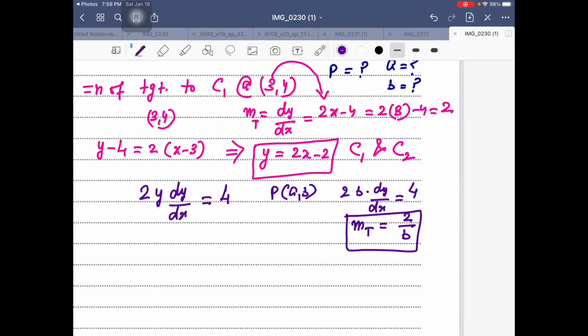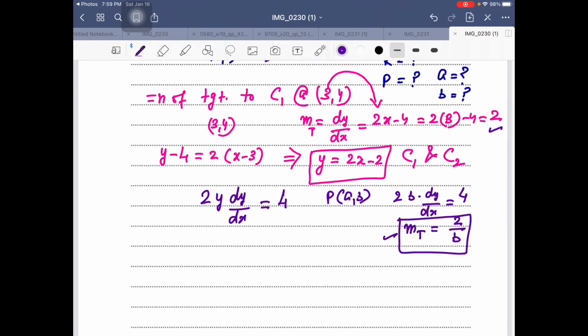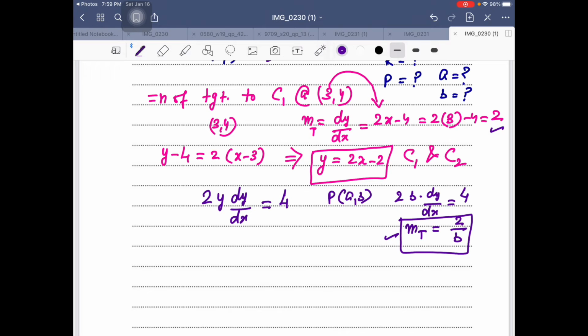We know that the gradient is 2, and the gradient is this one also. It's the same gradient of the same tangent to different curves, so these should be equal. So 2 is equal to 2 over b. By cross multiplication, I get b equal to 1.